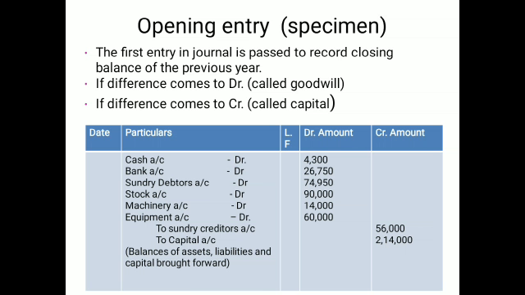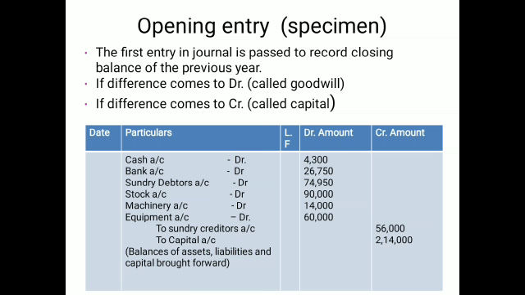You have to check, when the question starts, which assets and liabilities are given. You have to put all the assets on the debit side, for example cash, bank, debtors. Sometimes the debtors' names are listed, like XYZ, and you write down the name XYZ.